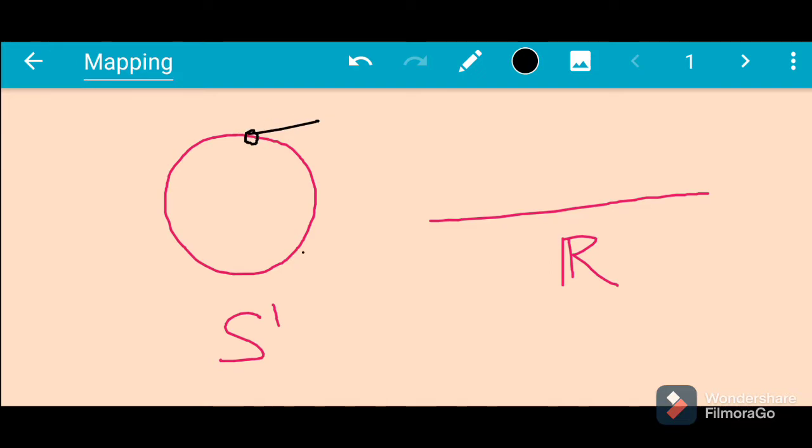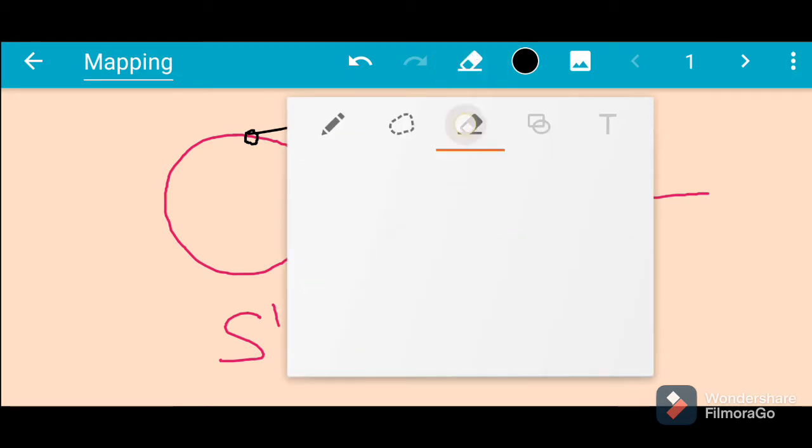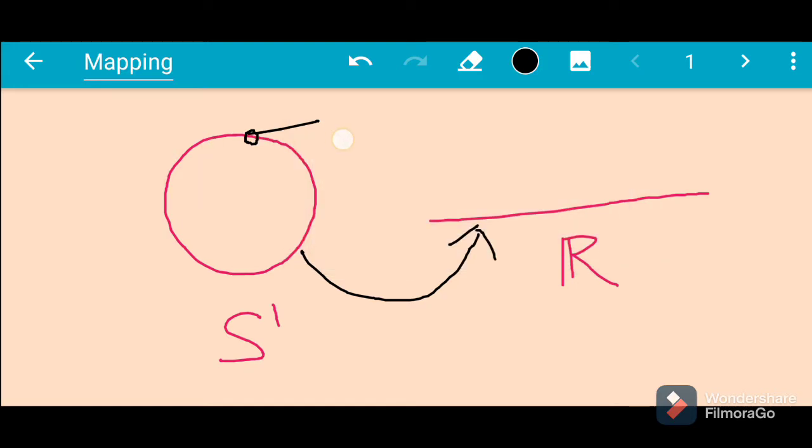It means if you leave the point, the remaining arc, because this is not a circle if I remove a point, can form a bijection from that arc to the real numbers. Okay, so this is the case that we are going to study in this video.